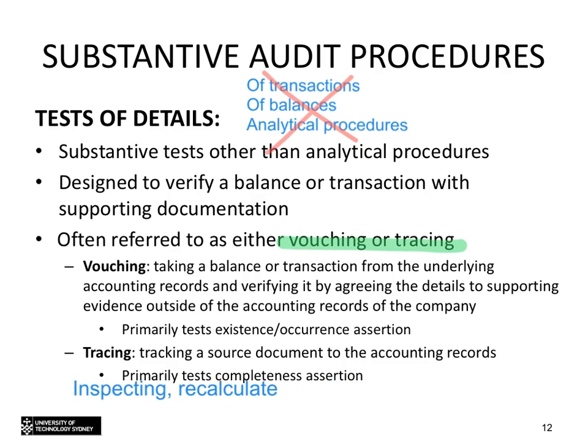So don't think, oh, I'm just vouching, so therefore I can't recalculate. It's really mix and match. So if I'm vouching sales journal entries back to shipping documents and orders from customers, I'm inspecting documents. If I'm checking that the amounts on the invoice also match the amounts on the journal entries, I'm going to be doing some recalculating as well. So there's a lot of mix and match in there.